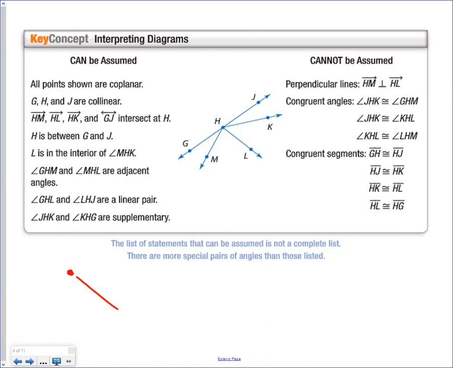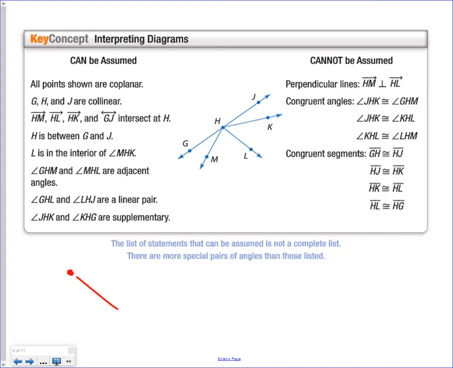H is between G and J. So if the diagram says the point is between 2 points, it has to be. It can't have actually H over here somewhere. That generally would be something you would just assume, but there's reasons for that being true that are important.